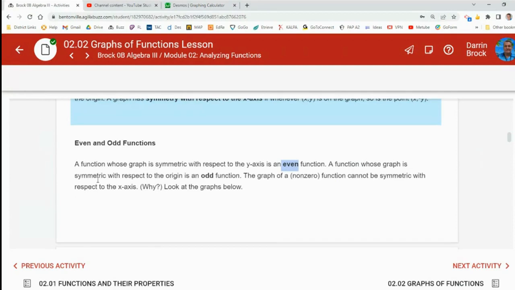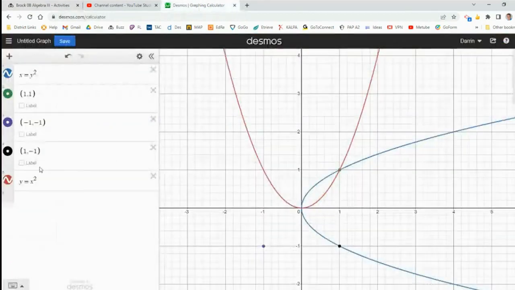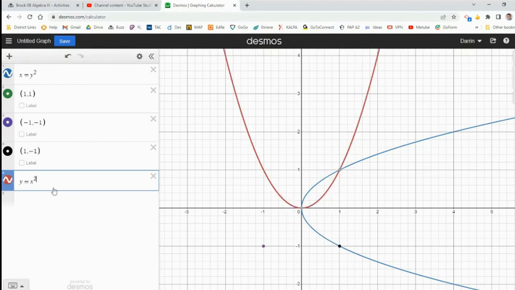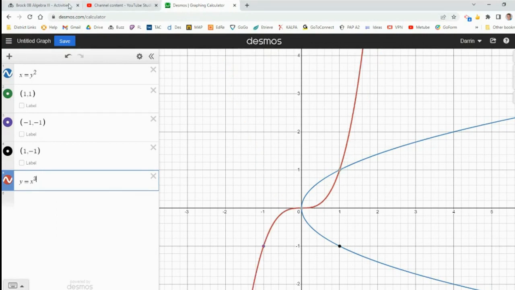And a function whose graph is symmetric to the origin is an odd function. So the odd function would be the red one there. So that is odd. If it was with the y-axis, that's even. So I can change it from an even to an odd.